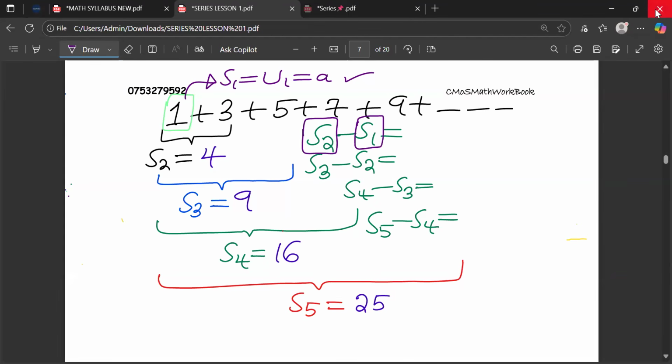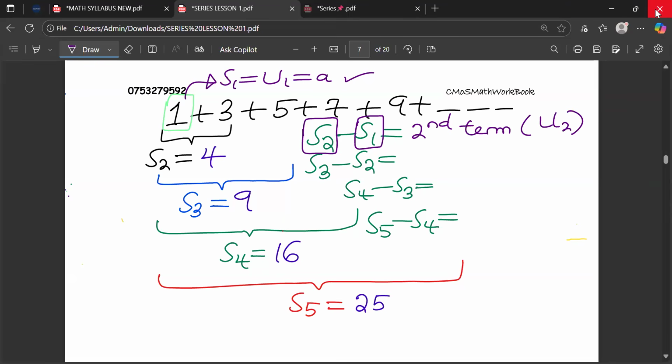If I get the first two terms and their sum, then I remove the first term, do you realize that I'll be getting the second term? Without substituting anything, let's interpret it in English. When you get the sum of the first two terms and then remove the first term, you remain with only the second term.